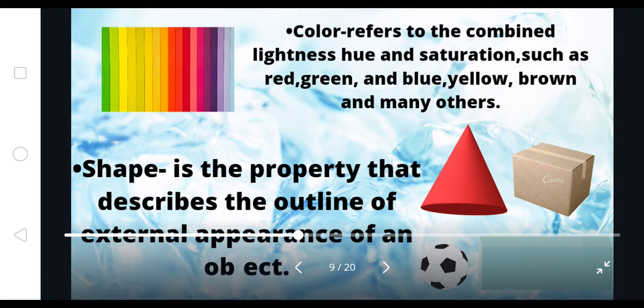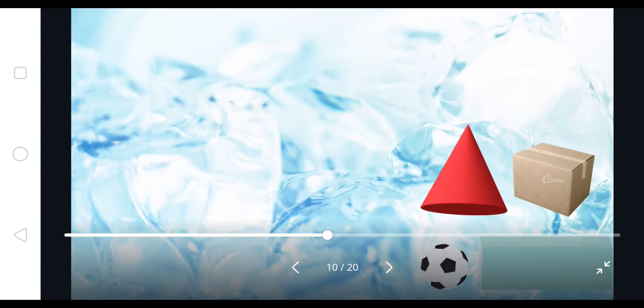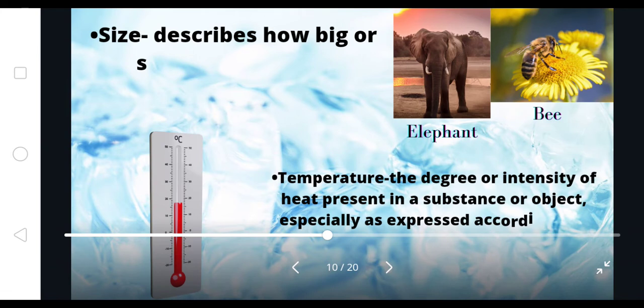Color. Color refers to the combined lightness, hue, and saturation, such as red, green, blue, yellow, brown, and many others. Shape. Shape is the property that describes the outline or external appearance of an object. Size.